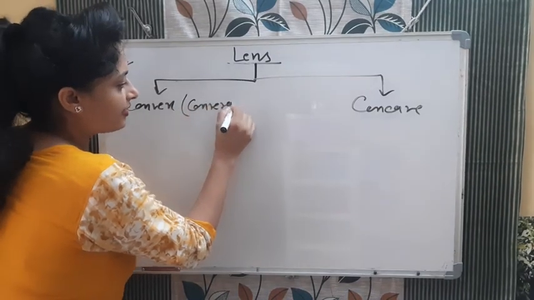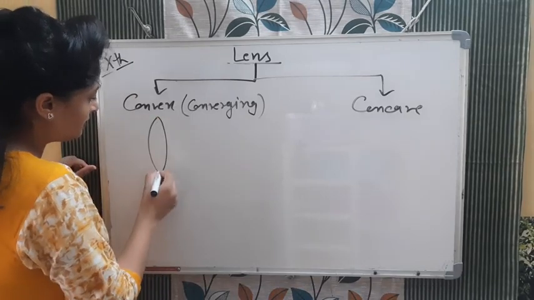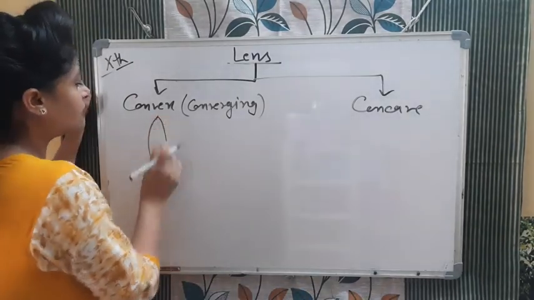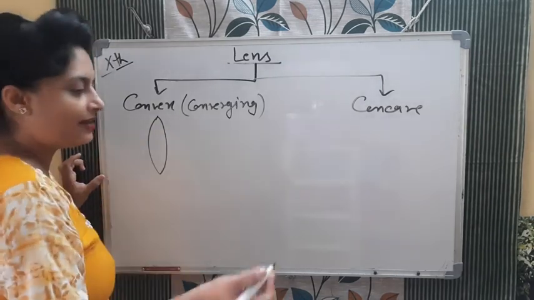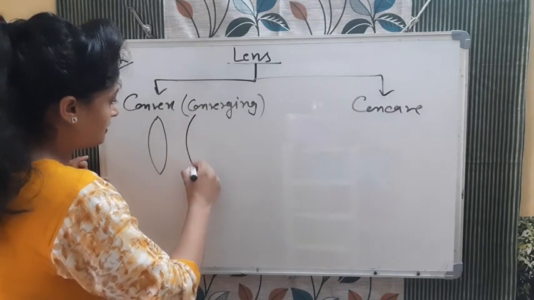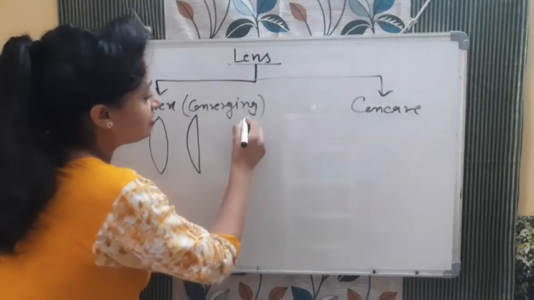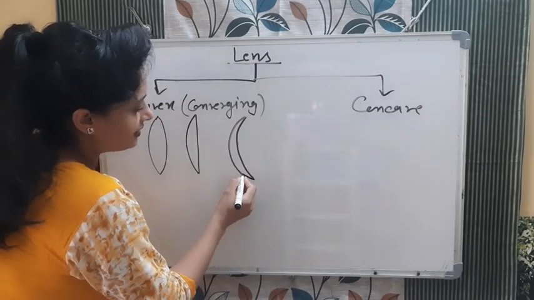They converge the rays of light, and their shapes are like this. This we will study in our class 10. Other than this, it is also known as the biconvex lens, and there is also a plano-convex lens. That is like this, plano-convex, and one is known as the concavo-convex. These are the different types.